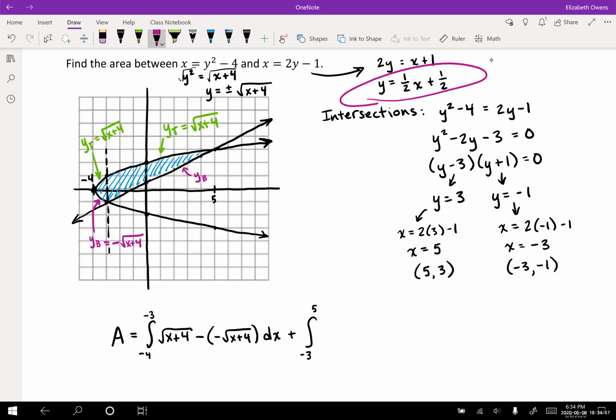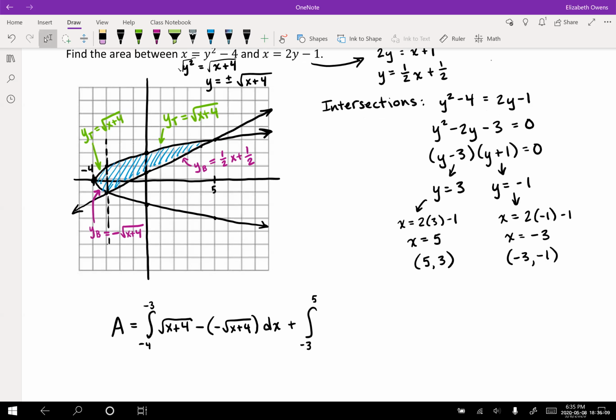And thankfully over here, we already converted that to y as a function of x. So we can use that to our advantage here. So for the second integral, we would have square root of x plus 4 minus 1/2 x plus 1/2, dx.